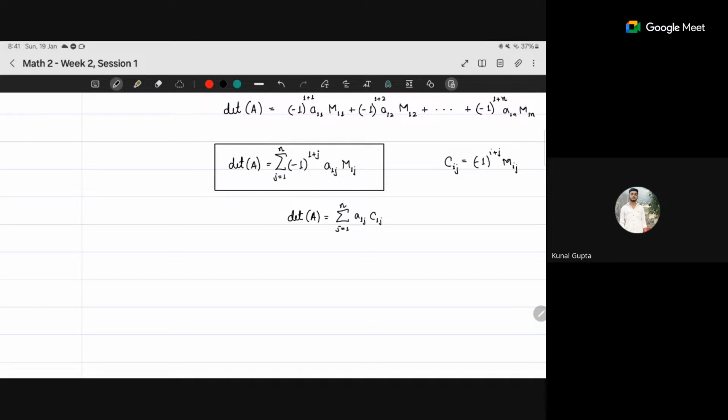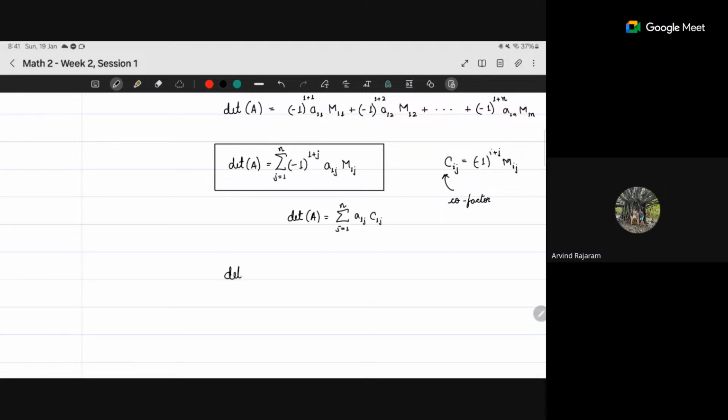So M is for minor, C for cofactor. The cofactor of order i, j is denoted as Cij, and it is given by minus 1 to the i plus j times mij. You just put the sign into one factor, and then we get a more compact looking formula, but it's just a very minor change.